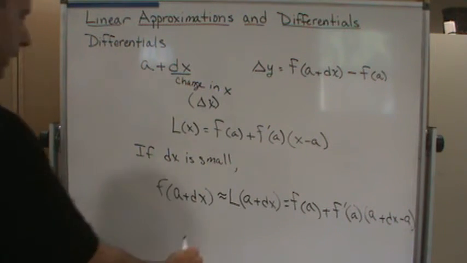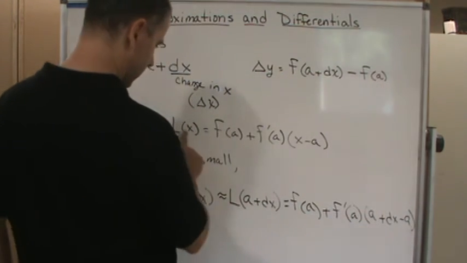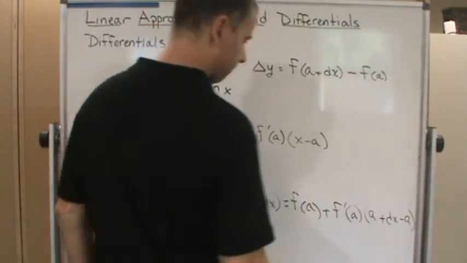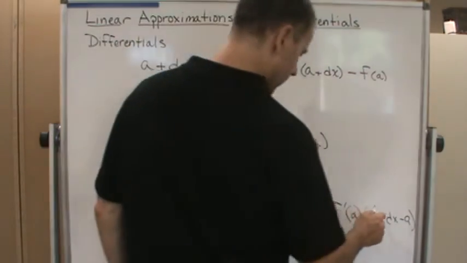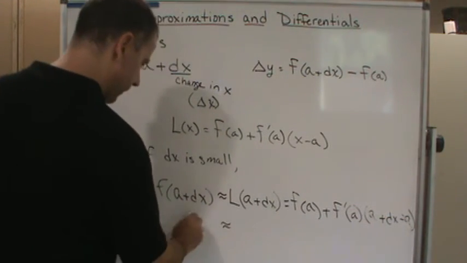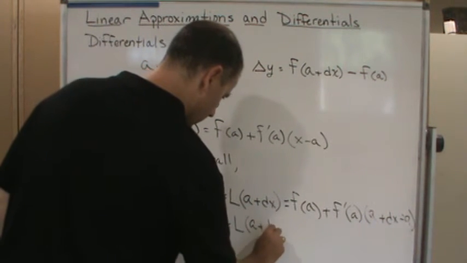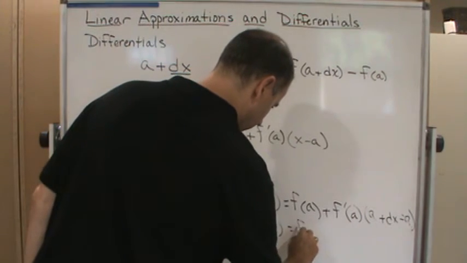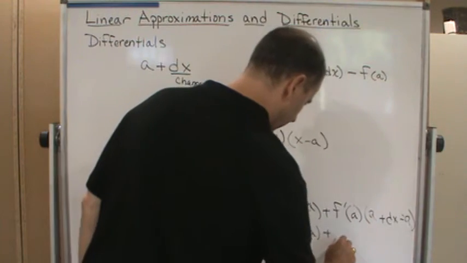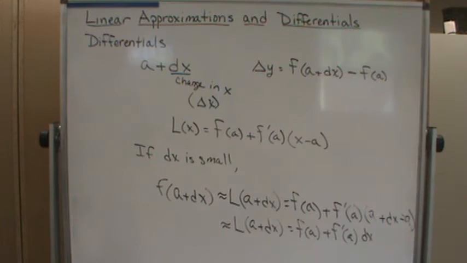Then the a cancels with that, and we end up with f of a plus dx approximately L of a plus dx, which is equal to f of a plus f prime of a dx.